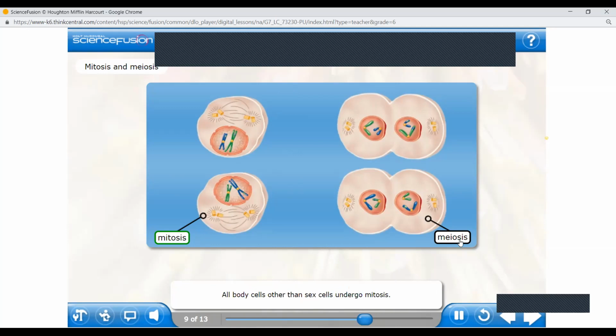All body cells other than sex cells undergo mitosis. Some organisms reproduce asexually through the process of mitosis. The chromosomes are duplicated before meiosis begins. In meiosis, a cell undergoes 2 separate divisions of the nucleus and cytoplasm. The result is 4 haploid cells with half of the genetic material of the parent cell. In males, these cells develop into sperm cells. In females, these cells develop into egg cells.